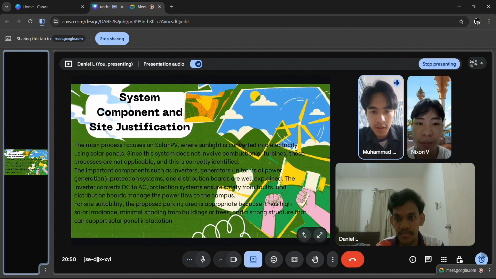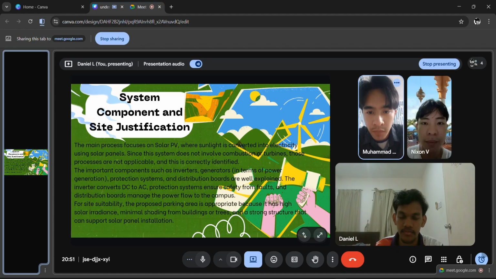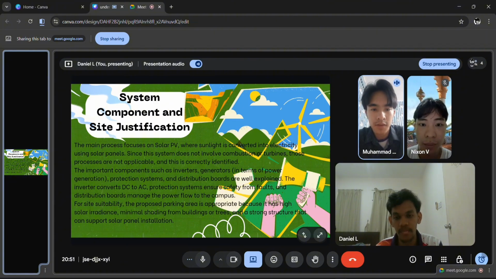System component and site justification. The main process focuses on solar PV, where sunlight is converted into electricity using solar panels. Since this system does not involve combustion or turbines, those processes are not applicable, and this is correctly identified.